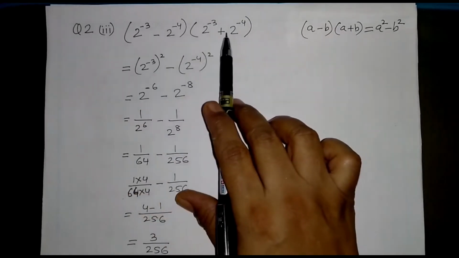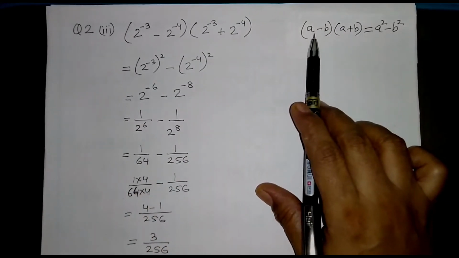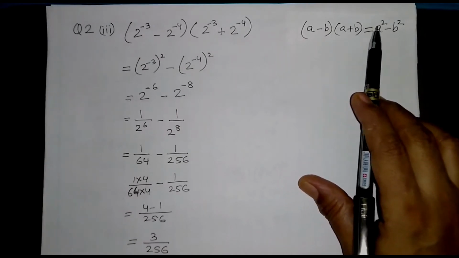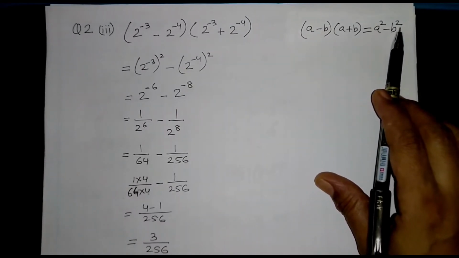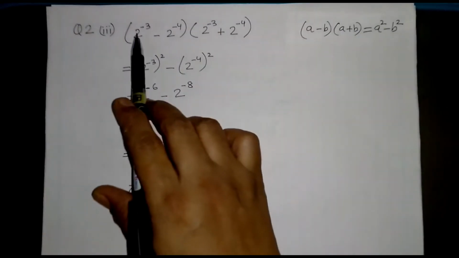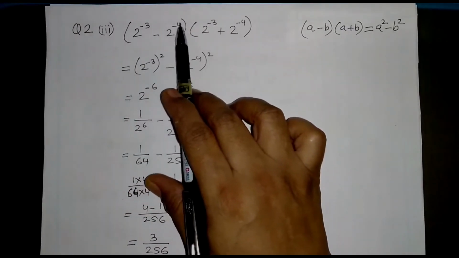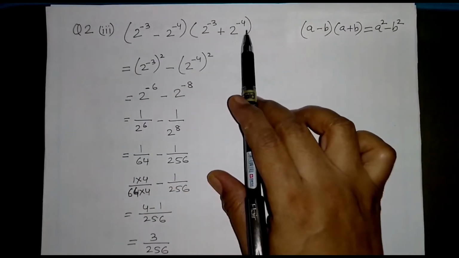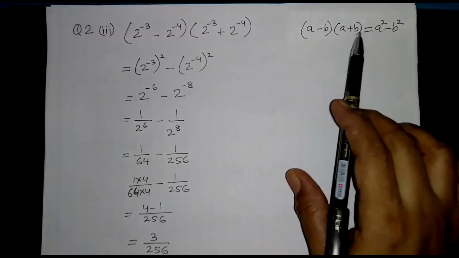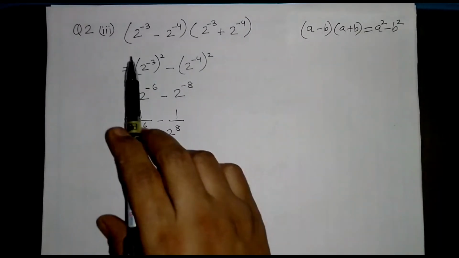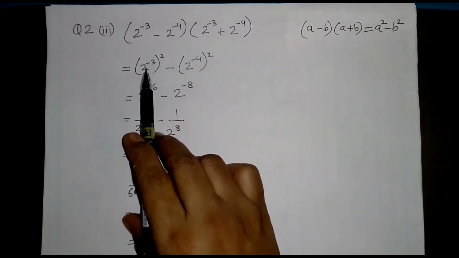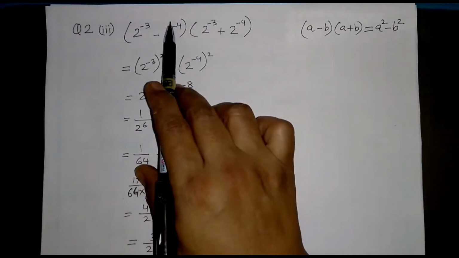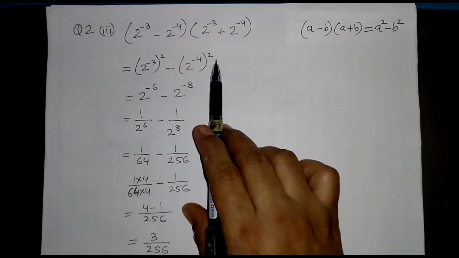So immediately we should think about this identity: a minus b into a plus b is equal to a square minus b square. So these are like our a, b. So what should we write as an answer? a square minus b square. So this is our a square, minus this is our b, so b square.